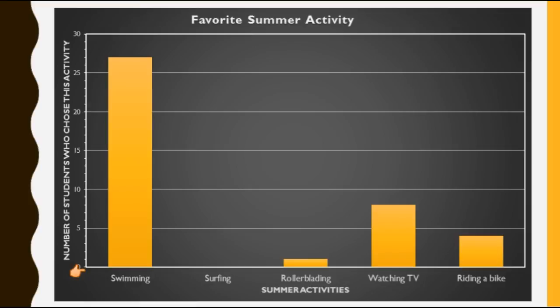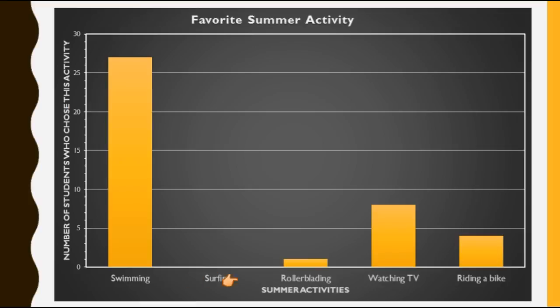It counts by 5: 0, 5, 10, 15. You need to be careful when you are reading your graph that you look at what the increments are, because sometimes it counts by 1, sometimes it counts by 2, 5, 10. You can make it into a lot of different things. So always check to see what the increments are, how is it increasing?